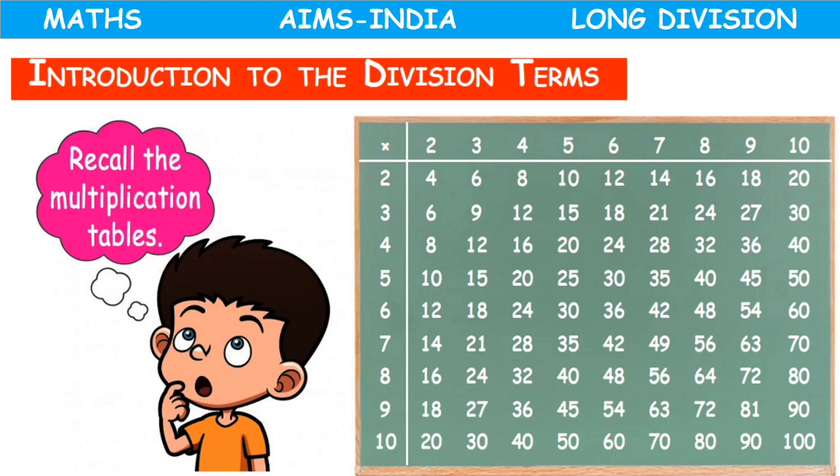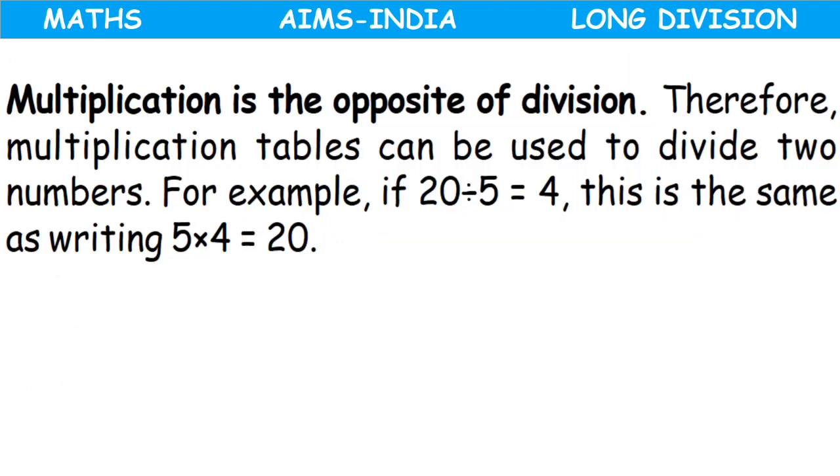Recall the multiplication tables. For division, it is very important that you are good with your multiplication tables, children. If you do not know the multiplication tables, it will be quite difficult for you to do the division problems. So before learning about division, it is important that we recall or learn the multiplication tables.